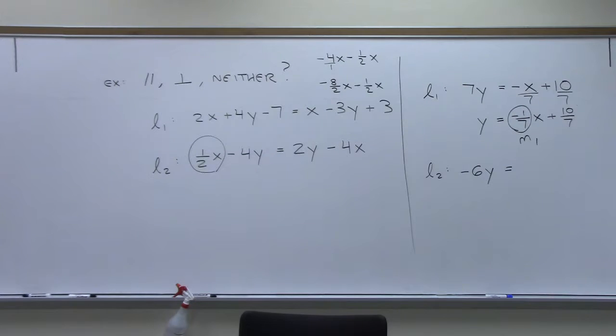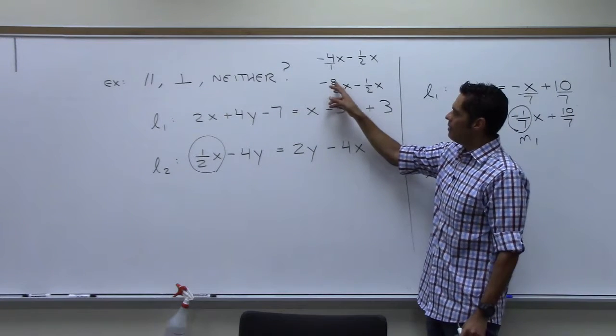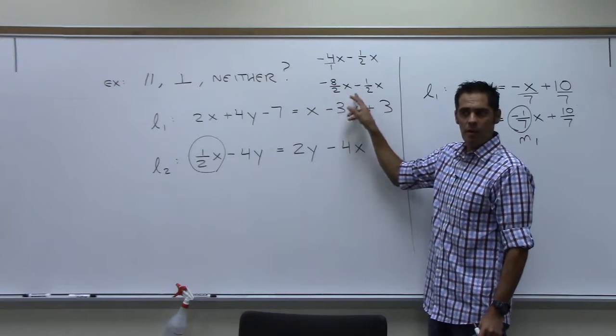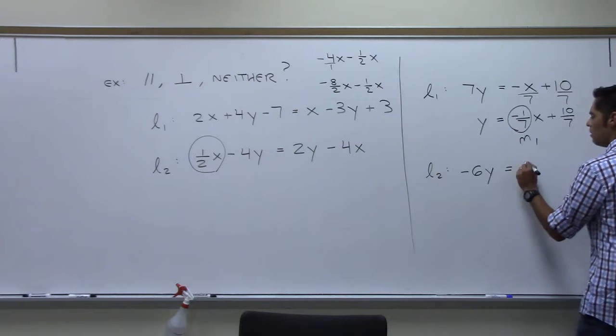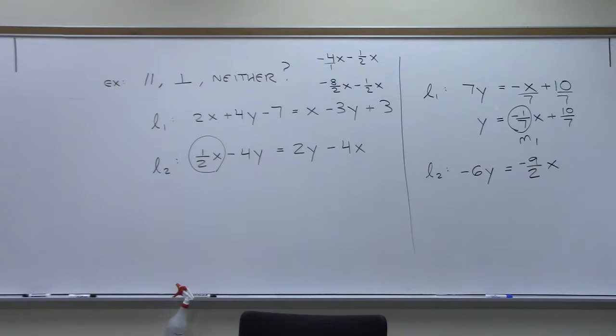How many x's would we have then on the right side? What is it? Negative 8. Take away 1, right? So what? Negative 9 over 2x. Yes?